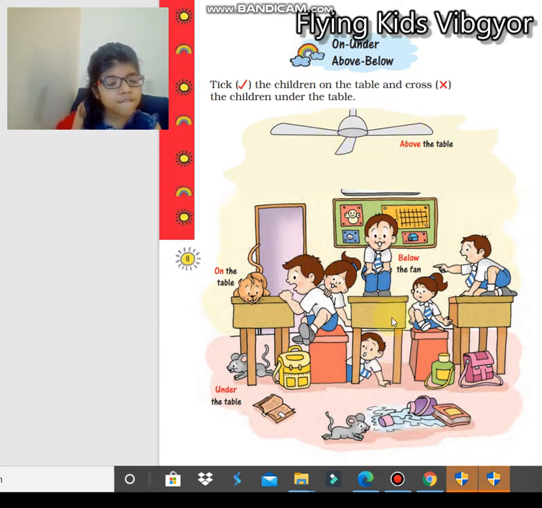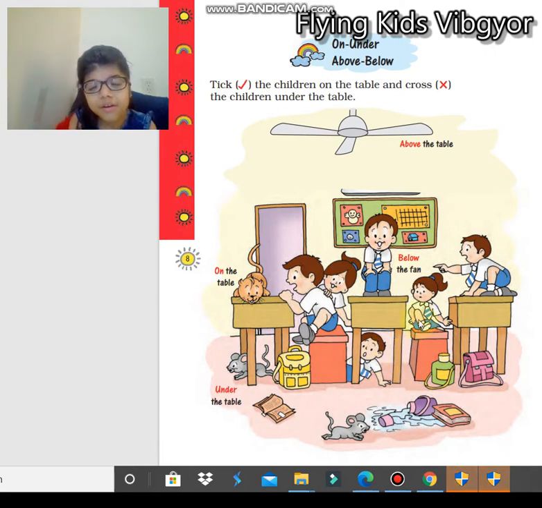It is not touching the table, it is above that surface, right? So when an object is not touching that surface but it is above something, we say above. And when it is kept on that surface, that means it is on, right? It's touching that surface.